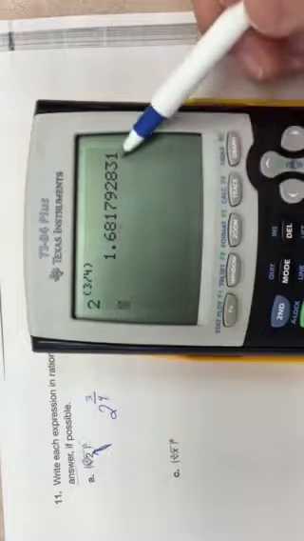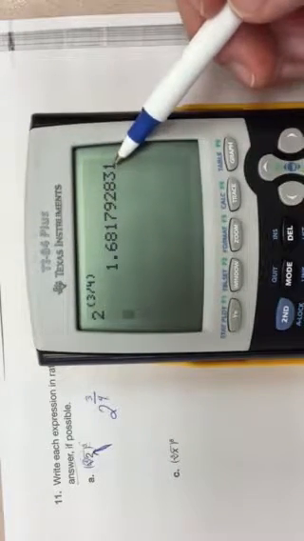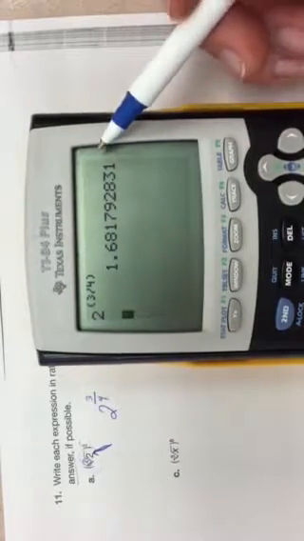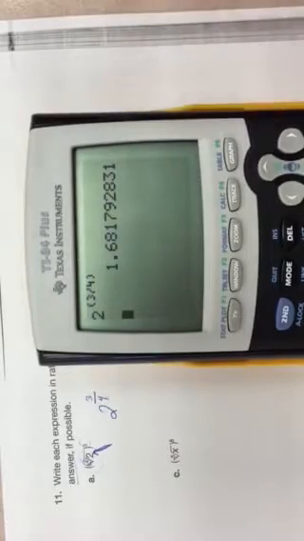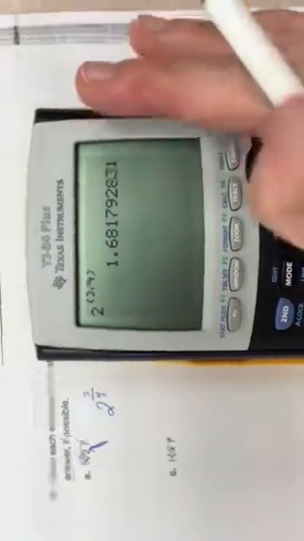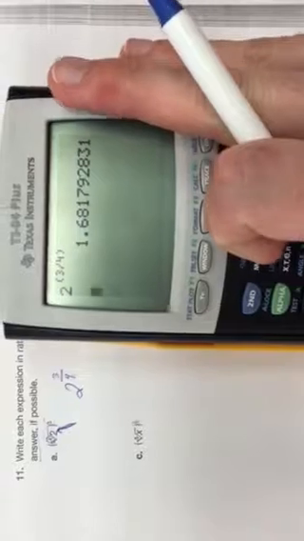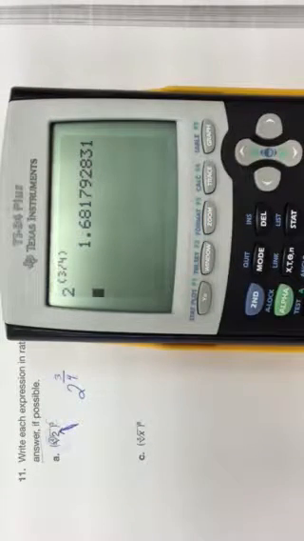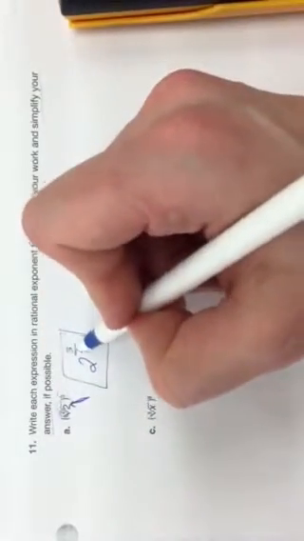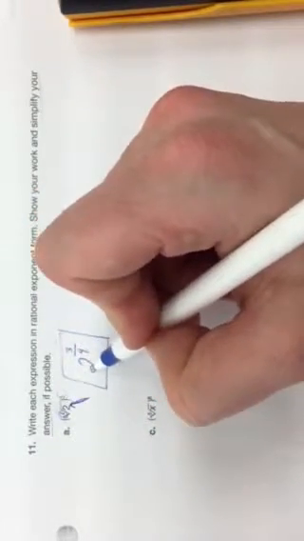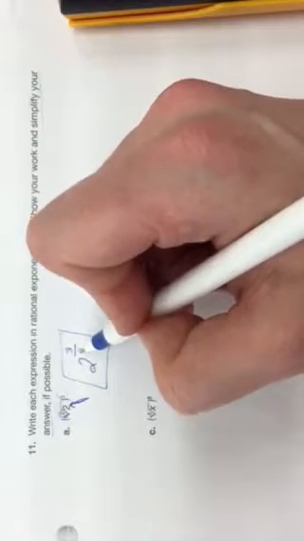Now, whenever you see a number like this and you're dealing with roots and it goes to the end of the screen, you can pretty much assume it's going to go on forever and ever and ever. That means it's an irrational number. So when it says simplify your answer if possible, it really isn't possible to simplify this because it's an irrational number. So we are going to leave this the way it is. This fraction is simplified, and 2 to the 1/4 is an irrational number. So we'll leave that as it is.